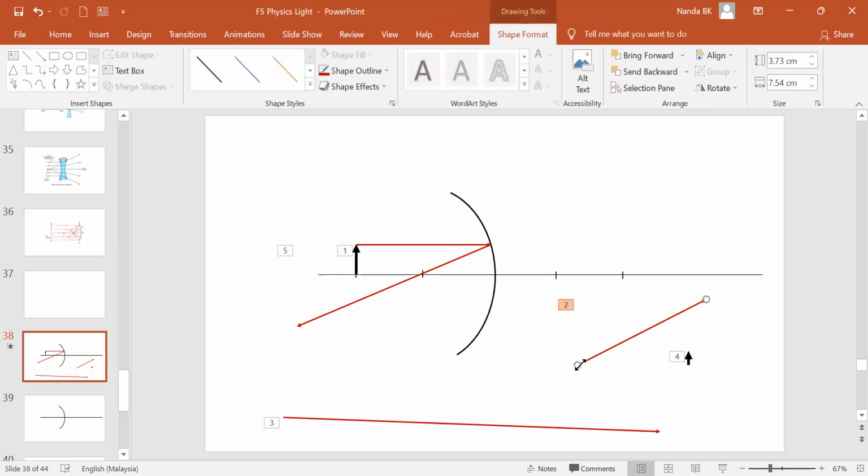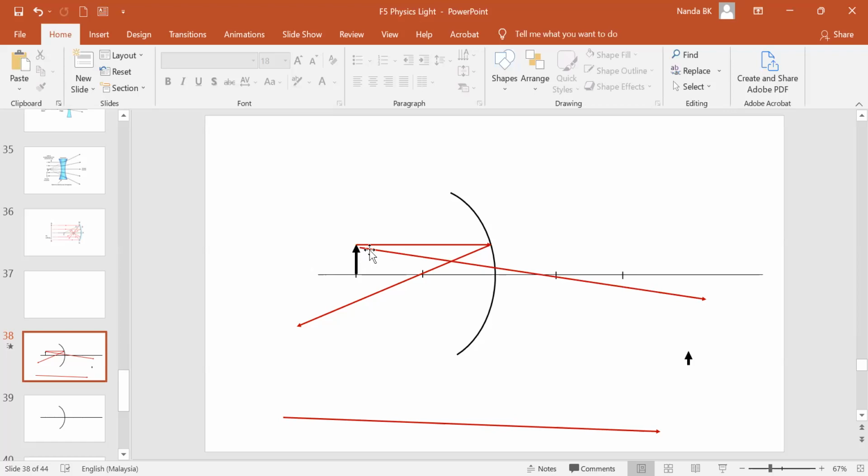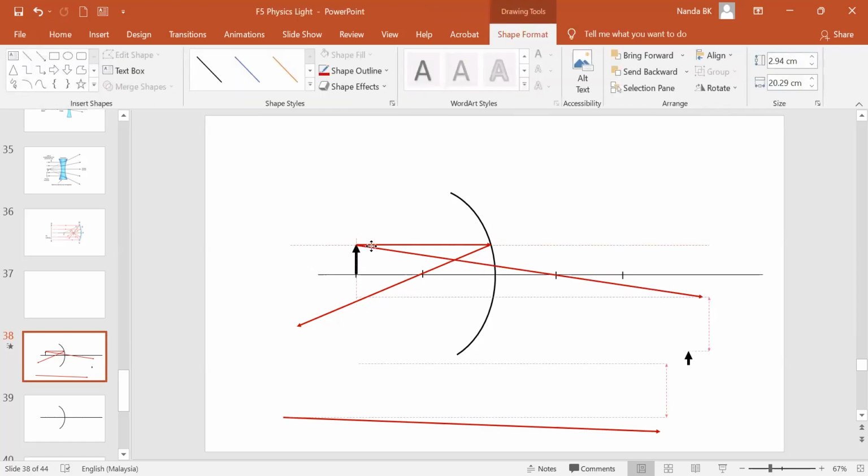The next line we want is from the head. This is the head. And we want the light to pass through the focus like this. Second line.